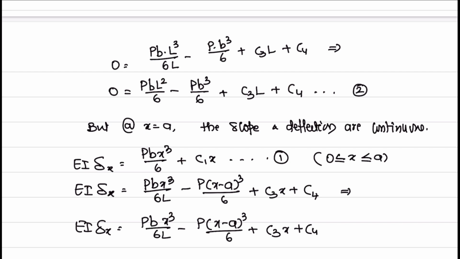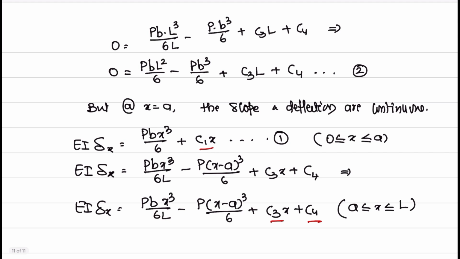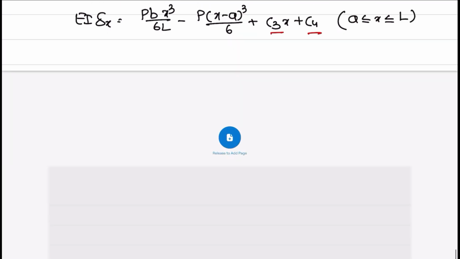Here how many constants are there to find out? 3 constants. One is C1 and another is C3, another is C4. At x is equal to A, EI delta x, both the values should be equal. Let us put x is equal to A, because the deflection cannot be different when you approach from right hand side or left hand side.